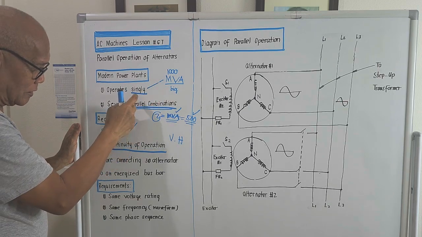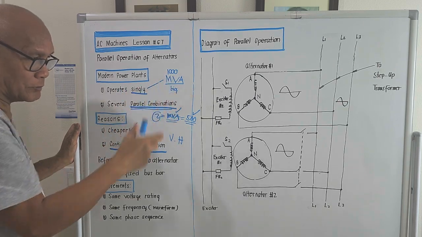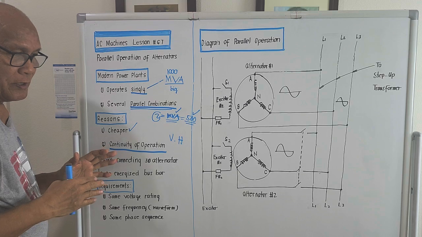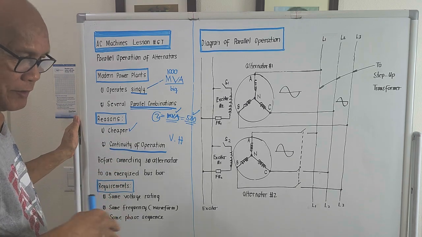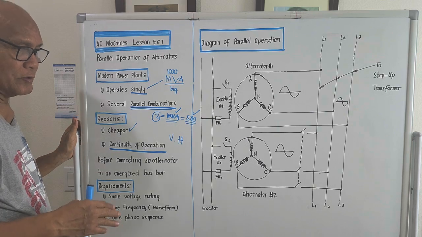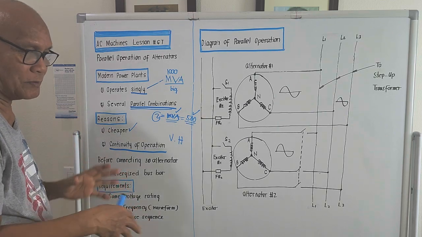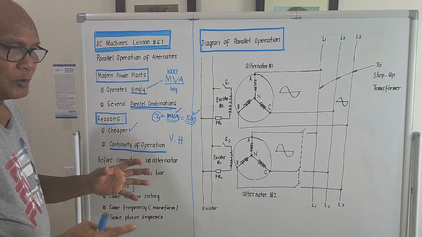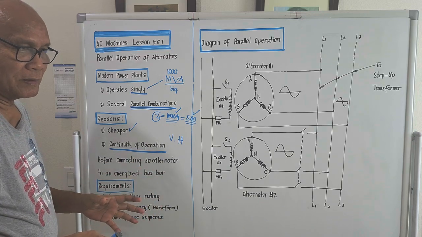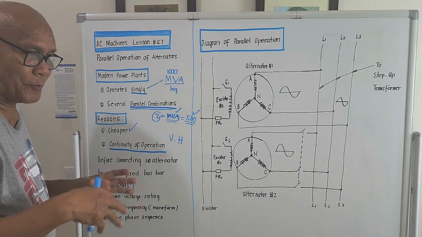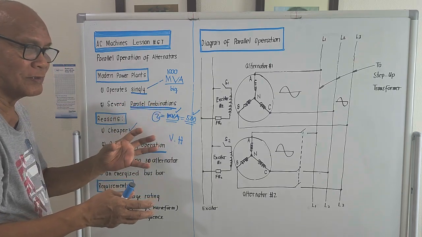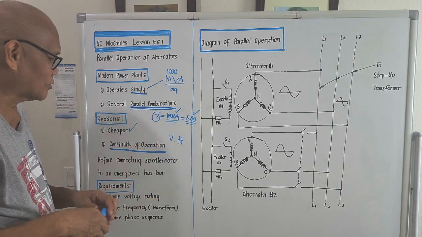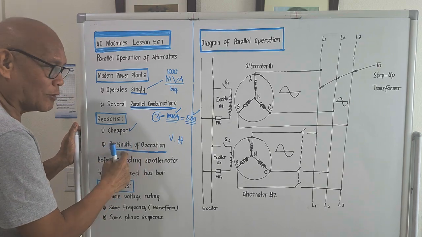So for the single operated alternator, if it gets damaged, or there is a problem with it physically, you cannot do anything to operate it. So you have to shut it down. So there will be a problem with the continuity of operation.